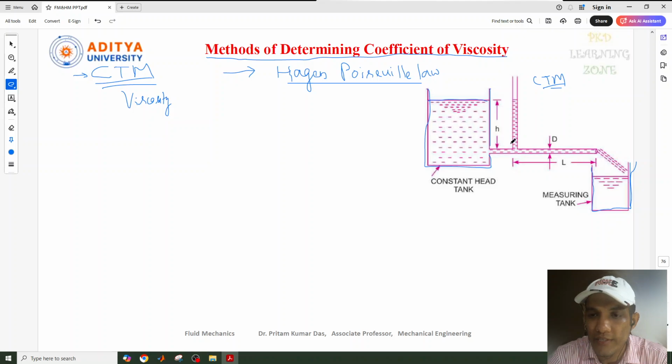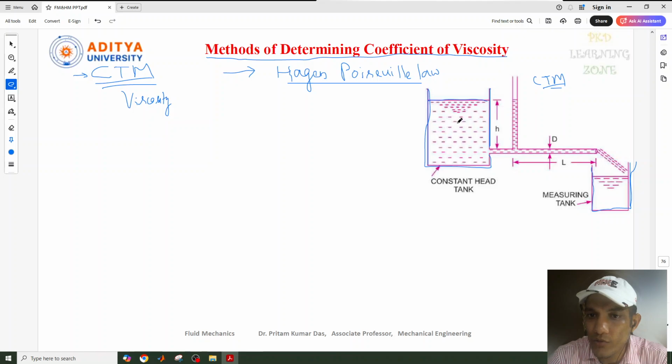Here you can see the diagram I have taken. This is the diagram for the capillary tube method, in which the liquid whose viscosity is going to be measured is kept in the container or the tank, as I said, with a constant head.